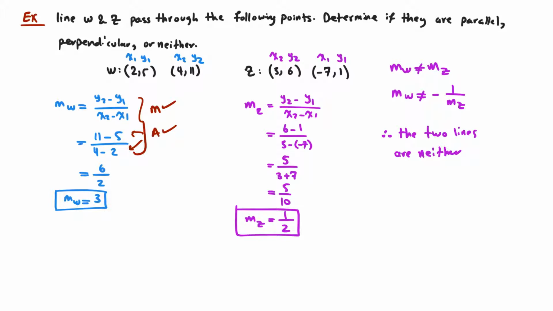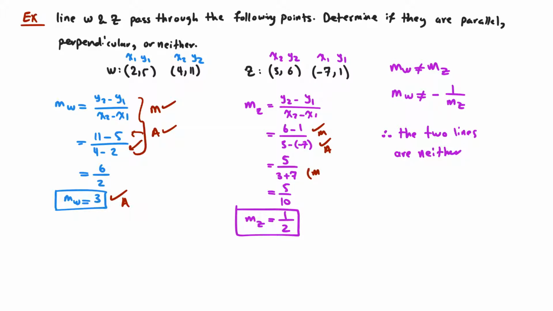Method mark for using the proper equation, and finally an accuracy mark for calculating the proper slope. Same thing for the slope of Z. You've got to make sure that you are using the proper method and proper numbers within here.